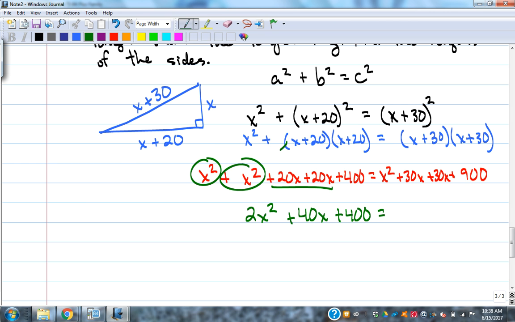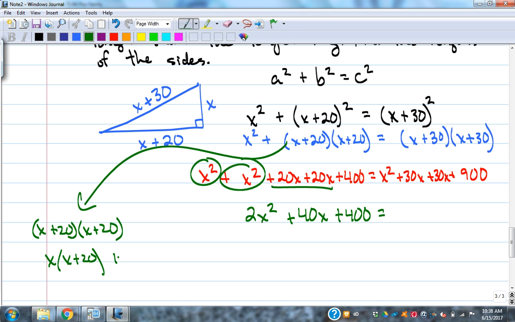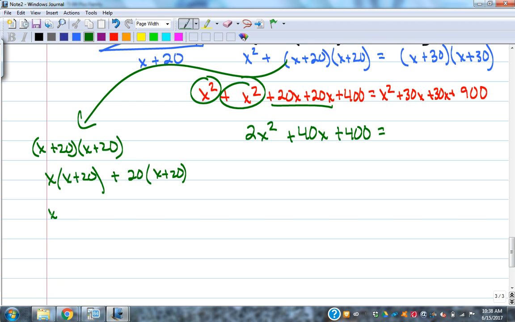Because when you take x plus 20 times x plus 20, it's x times x plus 20 plus 20 times x plus 20. Remember, it's the distributive property twice. So that's x squared plus 20x. And here's where the other 20x comes from. And then 20 times 20 is the 400. That's where those are coming from.